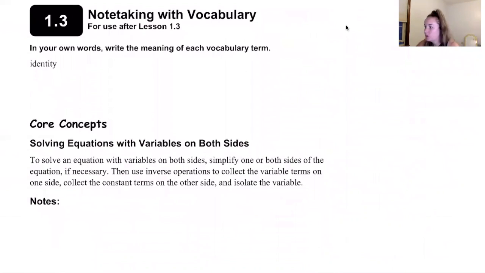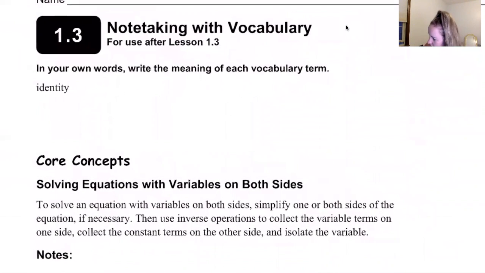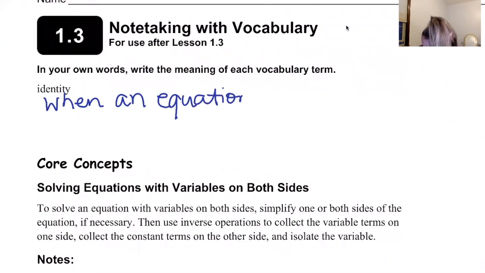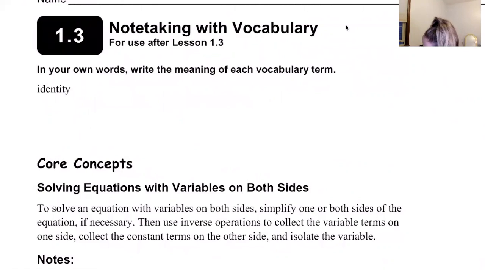And so we only have one definition that you guys need to know for this section, and that is identity. So for this section, 1.3, we only have one new vocabulary word, that is identity.